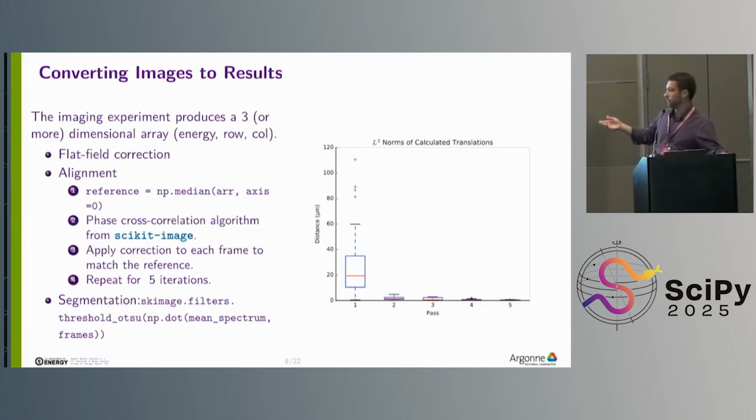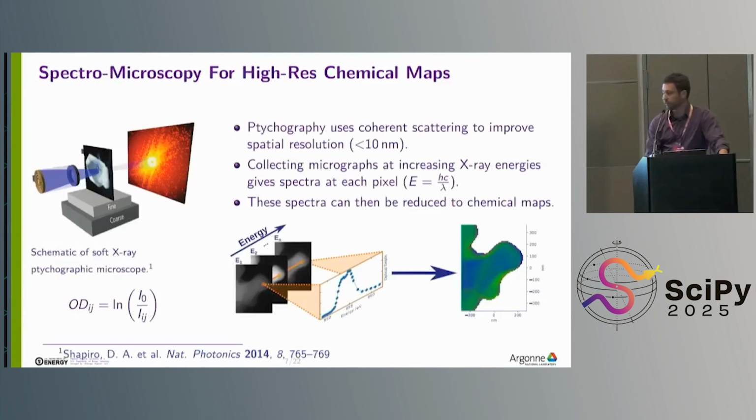So this is a good candidate for doing something like Otsu's threshold in scikit-image, and then we can actually segment out what is particle versus what is background. So that's where we get something like this at the right here, where you can see the background pixels are just ignored.